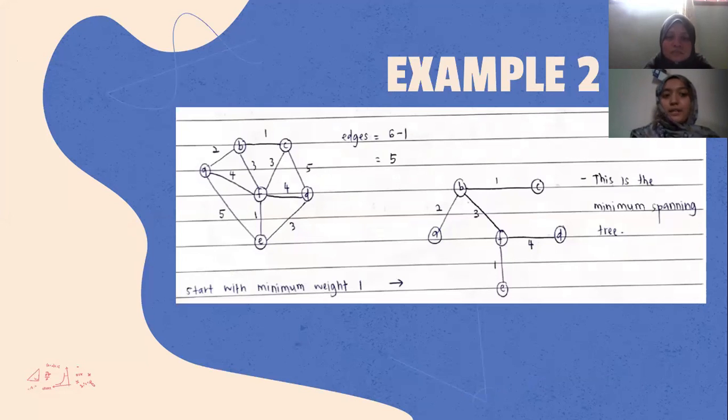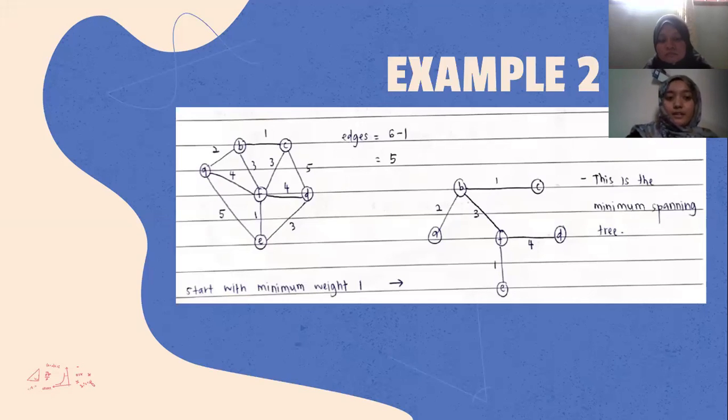As I explained earlier, we need to start constructing the spanning tree with the minimum weight, which is 1. From this main graph, it shows two edges with a weight of 1. So we need to take them both because it doesn't form a cycle yet.